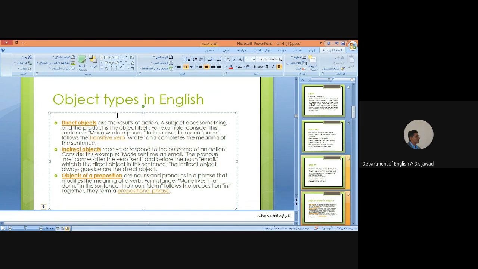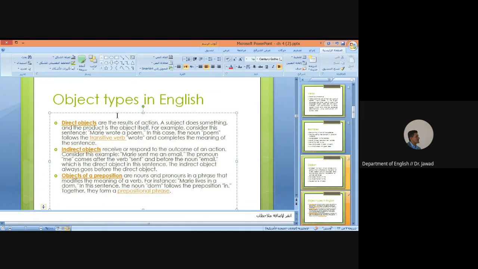So objects of a preposition are nouns or pronouns in a phrase that modifies the meaning of a verb. For instance, if we say, Mary lives in a dome. In a dome, this is a prepositional phrase. Why?